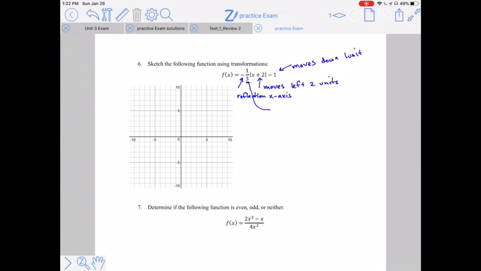And then that 1/3, since it's outside the function, that's a vertical compression. So you can see there's a lot of things happening here.